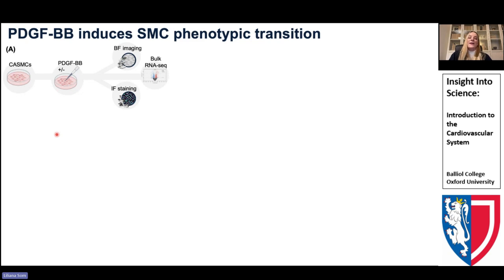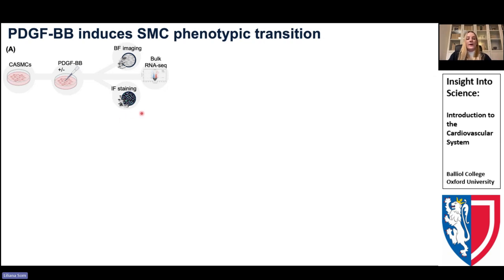And then you can use the growth factor that we know in humans in vivo is a causal factor of this phenotypic transition, PDGFB, platelet-derived growth factor B. And that's how I induce this transition we see in human samples, in tissues, in cells as well.